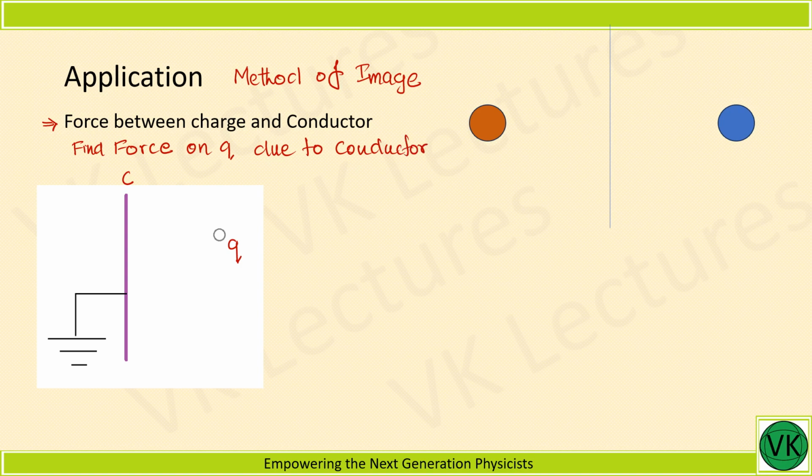So this is the imaginary extended line, and this is your charge q, and since it is a plane conductor, or conducting plane, our imaginary charge q dash is equal to minus q, and the position x is equal to d.